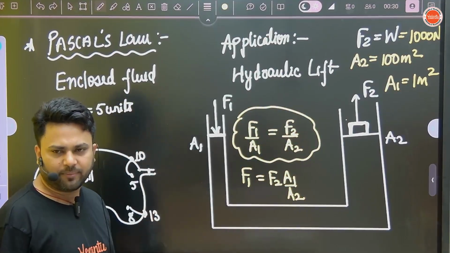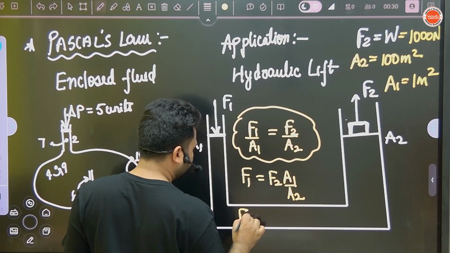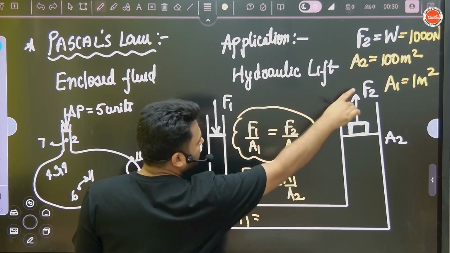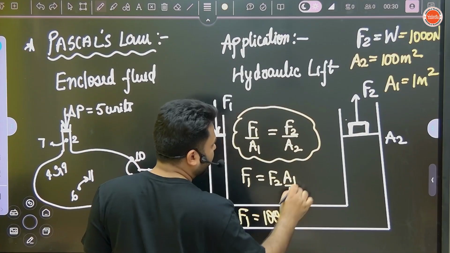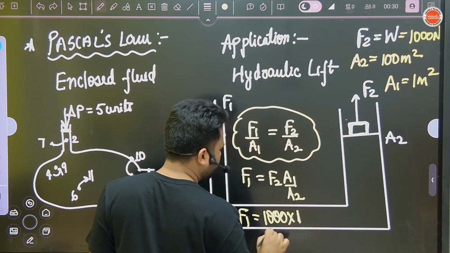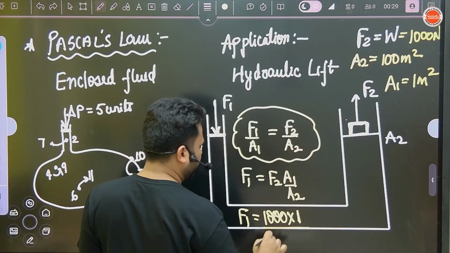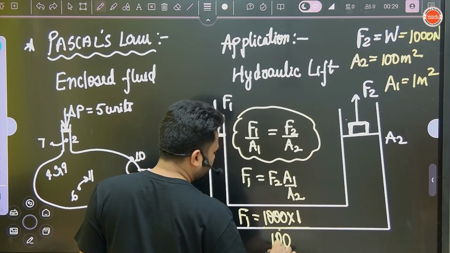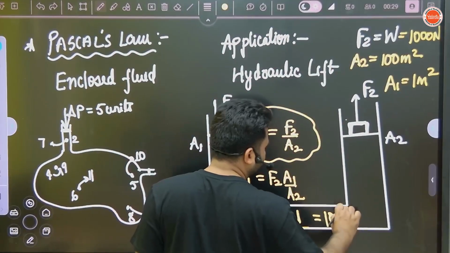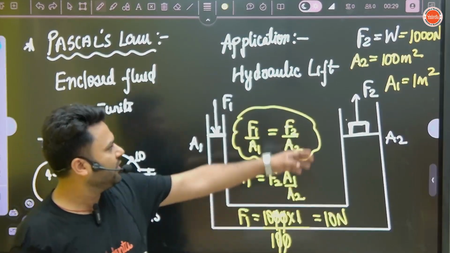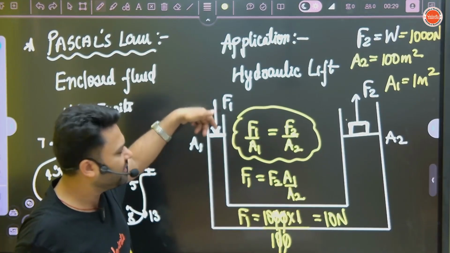How much force we have to apply? See, we will calculate F1 equals F2. F2 is 1000 into A1. A1 is 1 divided by A2. A2 is 100. The zeros cancel. So how much force you have to apply? 10 Newton only. See, in order to lift a 1000 Newton car, you have to apply only 10 Newton here.